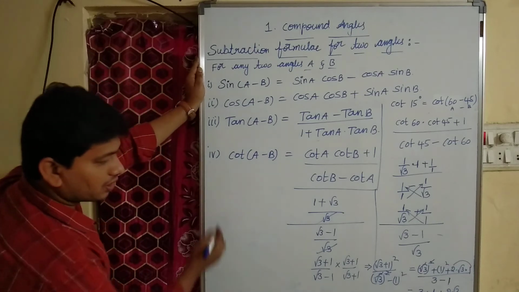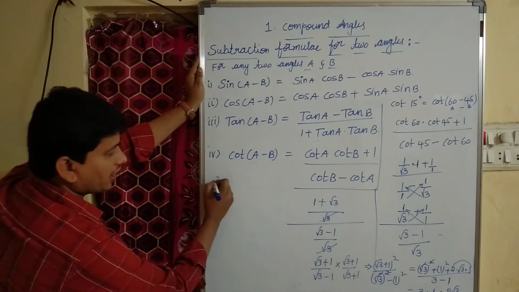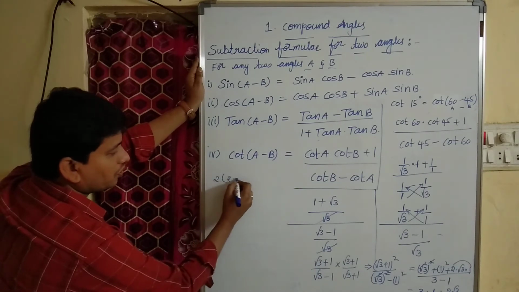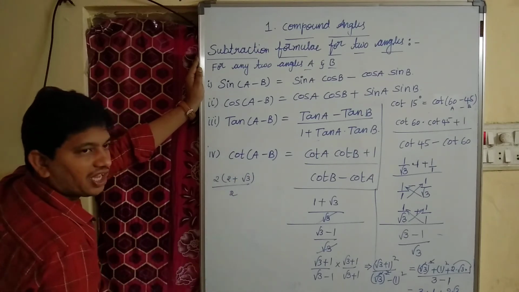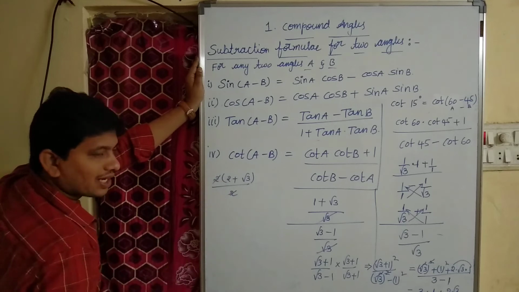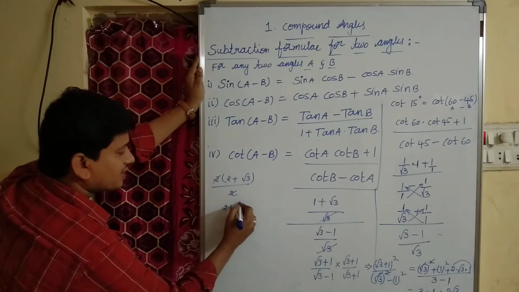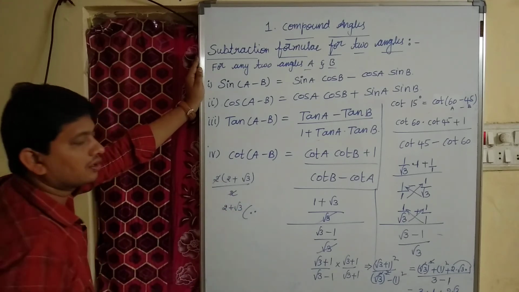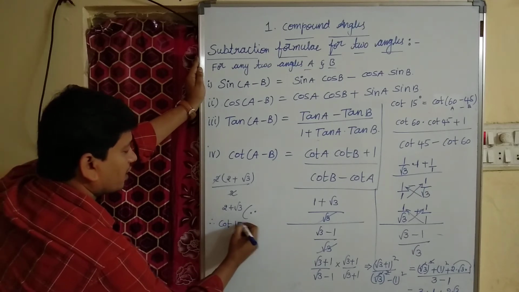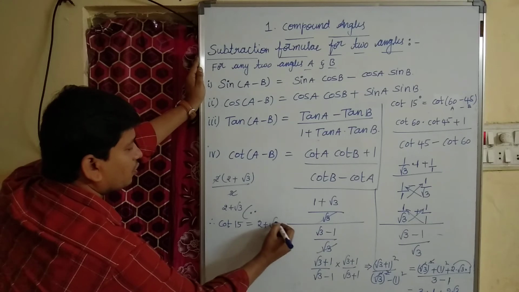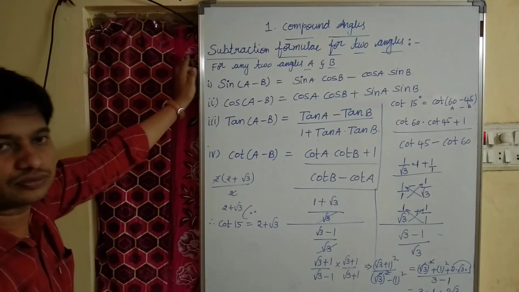Let me write here: if I take 2 common, 2 into (2 plus root 3), divided by 2. So 2 gets cancelled, leaving 2 plus root 3. So children, therefore cot 15 degrees equals 2 plus root 3.